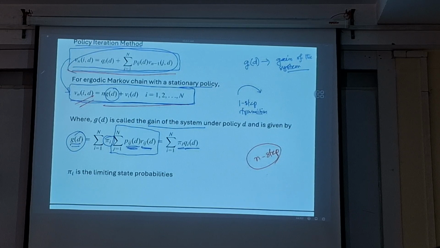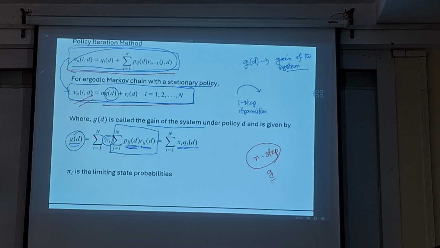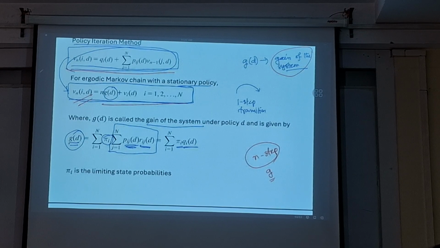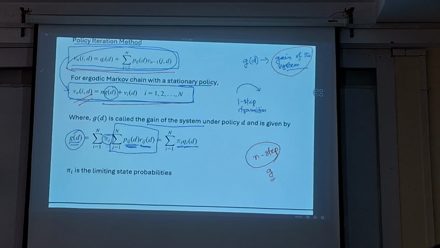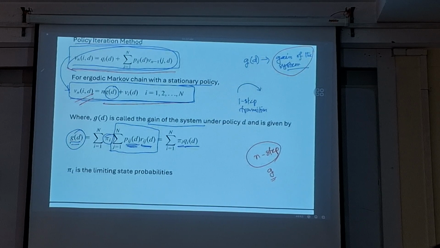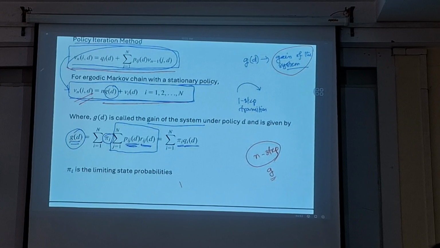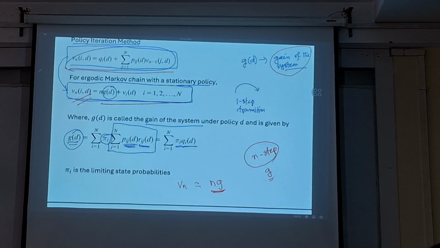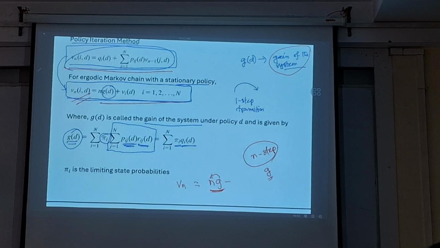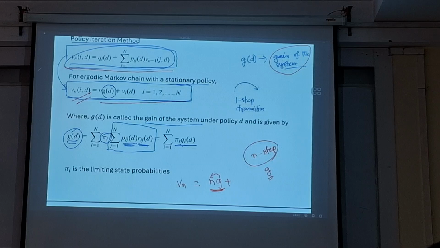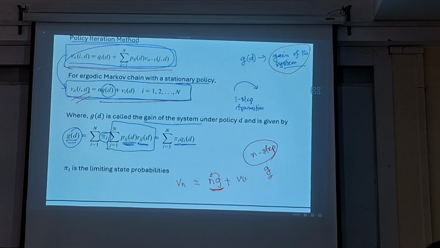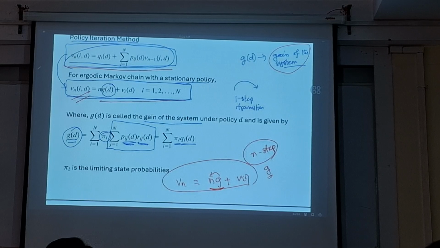To calculate this one, we calculate everything. The key is giving us the gain of the system. If there is a single transition, what is the long-term gain? And based on that, if we want to calculate Dn, forget about the policy or not, then it will be Ng. That means the gain in transition, and it should be added with the starting one. This is the ultimate solution.